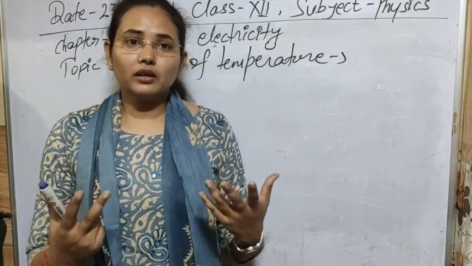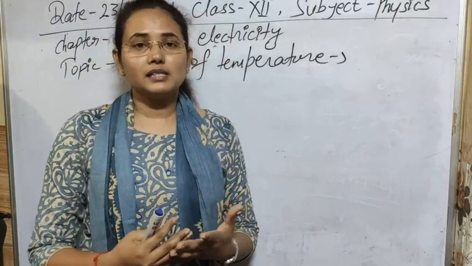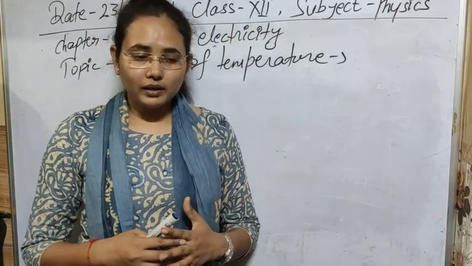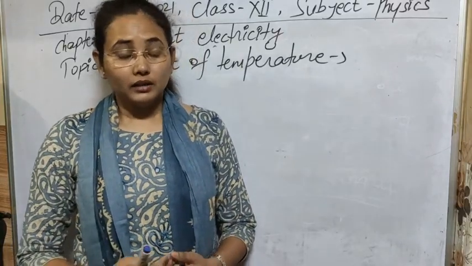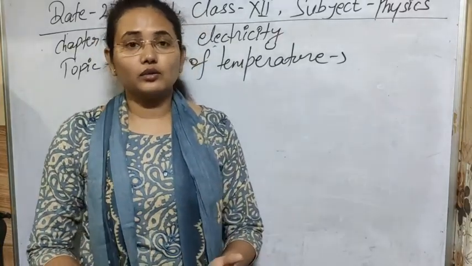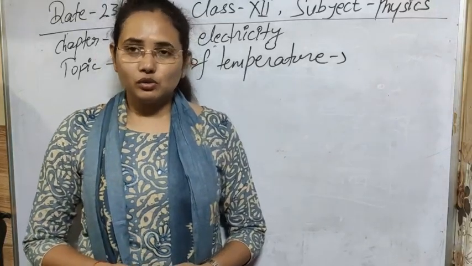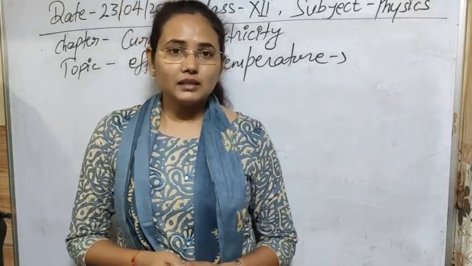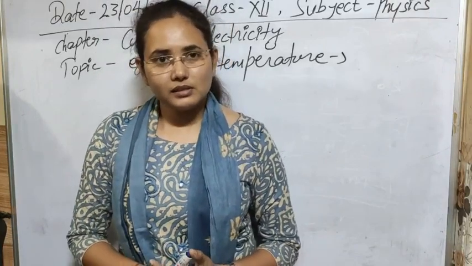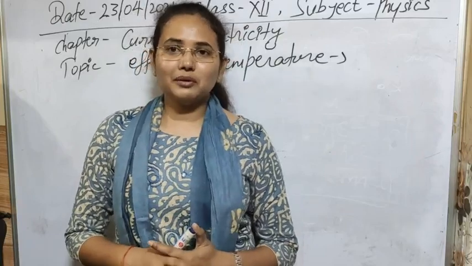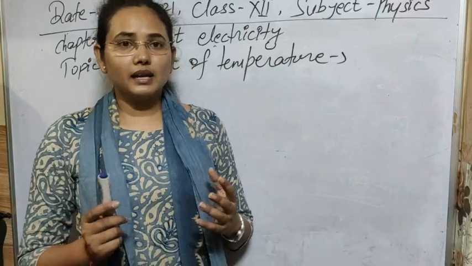So it means more electrons will be freed if we continually increase the thermal energy. Already in our conductor we have a large number of electrons, and additional electrons will be generated there. So you can say that with an increase in temperature, a large amount of charge will be generated in the system.